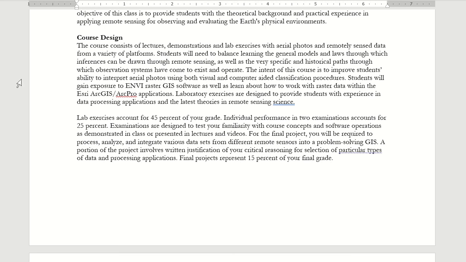But remote sensing is such a vital component of any kind of spatial analysis that Esri has long had raster data analysis capabilities programmed in, but even more recently they've expanded this.